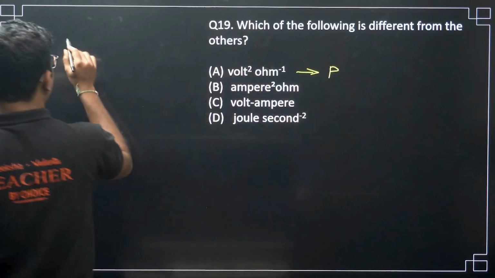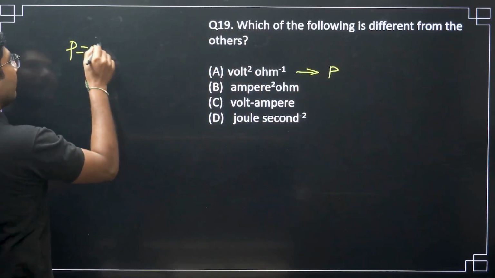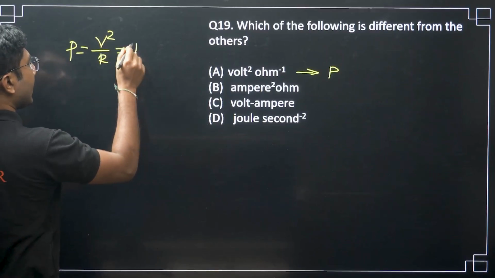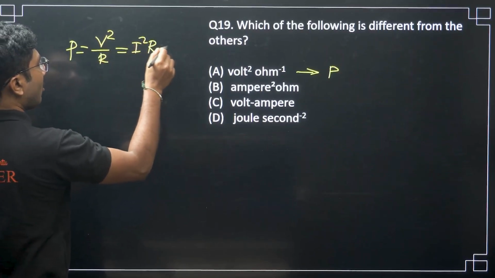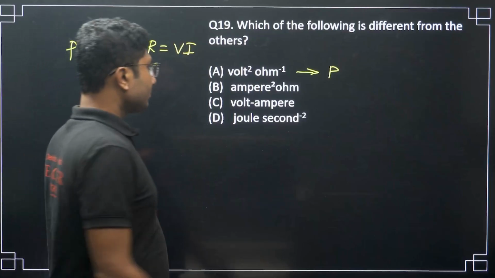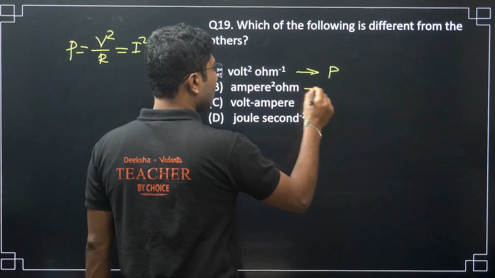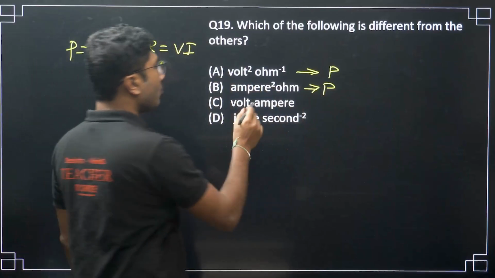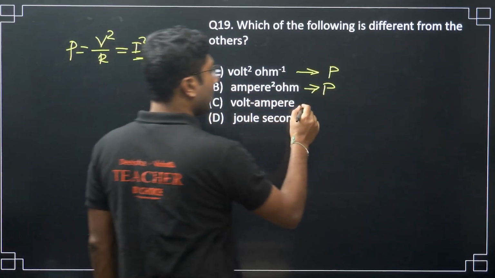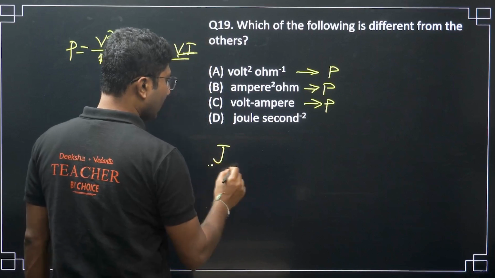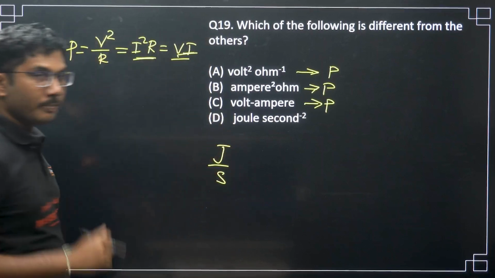Power is given by the formula V square by R equals I square into R, or power equals V into I. So this is power, this is also power, ampere square into resistance, volt into ampere, again power, so this is also power. But in mechanics, power is joules per second, not joule per second square.